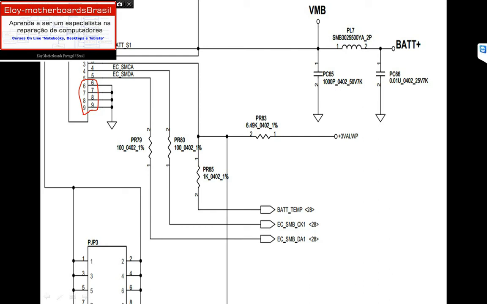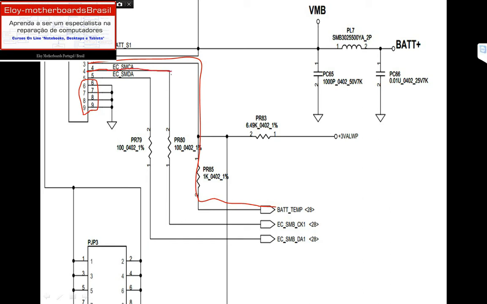This signal will be taken to the KBC. Let me show you, pin 3 right here. This is the battery temperature.